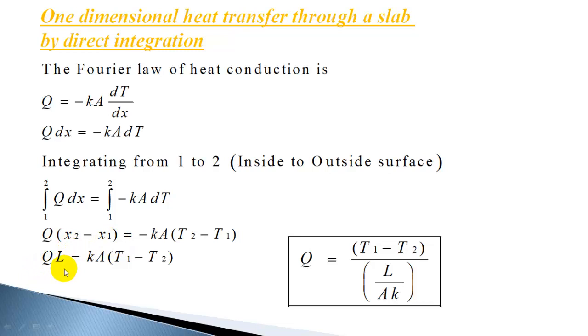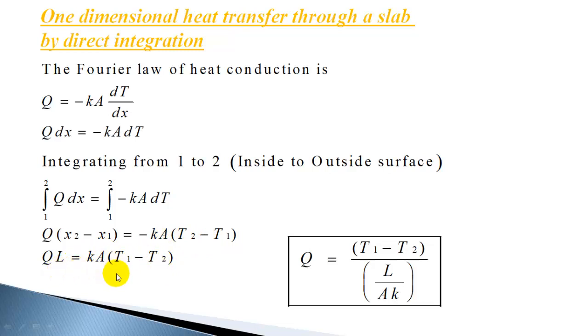So you get QL equals minus K into, K is constant, A is constant. So I have taken minus KA outside. Integral dT is T, and applying the limit 1 to 2, you get T2 minus T1. So minus sign you can take inside, change it to KA into (T1 minus T2).